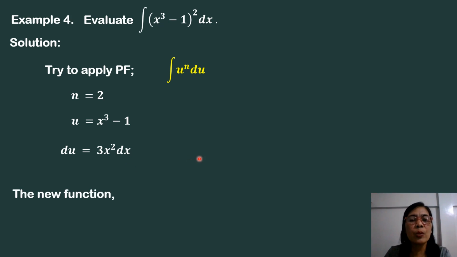Then the next step is to write the new function following the left side of the desired formula we want to apply. That is the integral of u, which is x cubed minus 1, raised to n, which is 2, times du, which is 3x squared dx. Before you apply the right side of the power formula, compare these two.